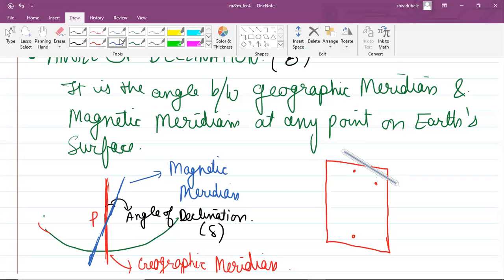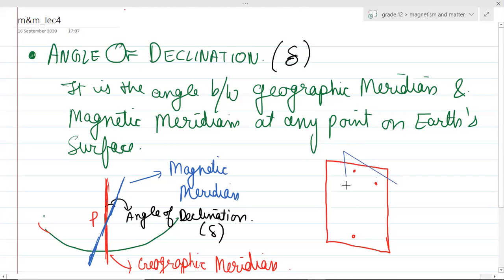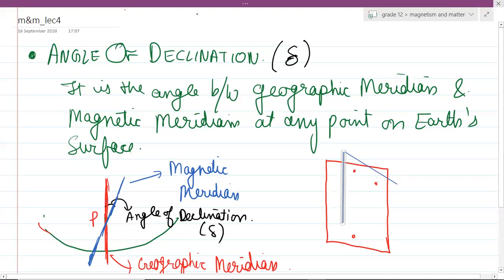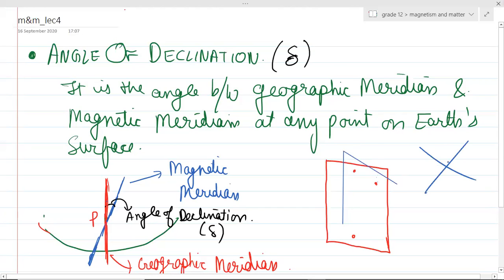I'll be using a little bit of maths, okay? Tell me this particular thing. If I have two lines, the point of intersection of these two lines is basically a point, right?